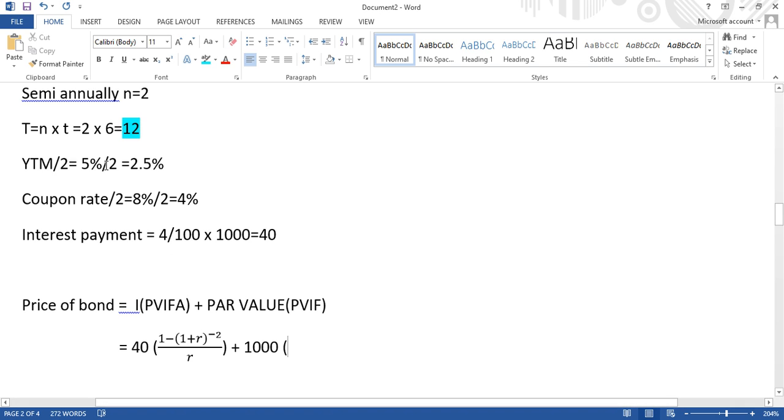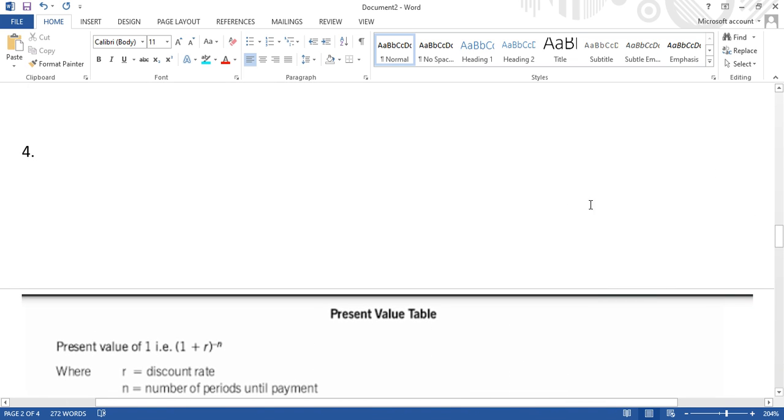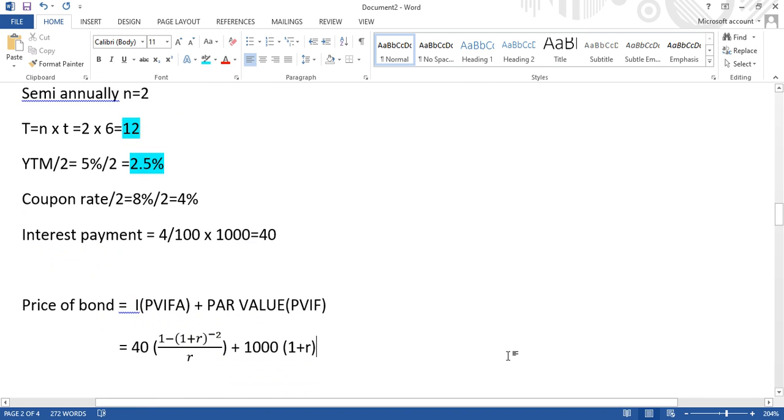Since our yield, our discount rate, is 2.5%, we use the formula for the present value, which is 1 plus r to the power negative t, which will be represented as our n, which is 12. Let me just confirm something here. Oh, 1 plus r to the power negative n.